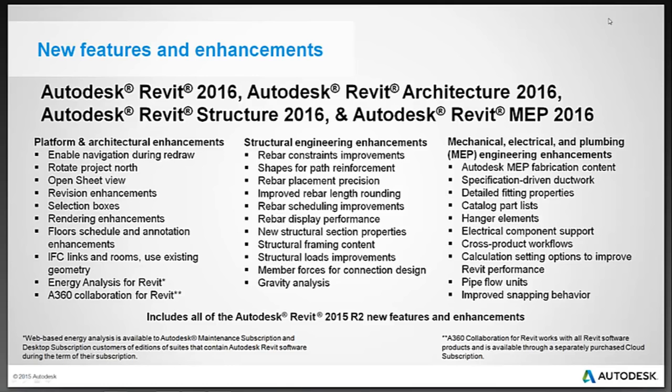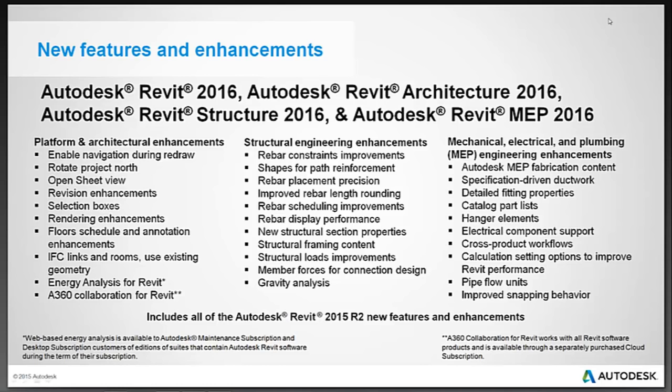Okay, so what do we have here? What you see in front of you is a list of some of the elements that we will be discussing as the new features in Autodesk 2016. As you can see on your screen, we'll be going from left to right, starting with the general platform enhancements and the architectural enhancements, going over to some structural enhancements, and as a mechanical guy, going to my favorite enhancements, the mechanical enhancements.